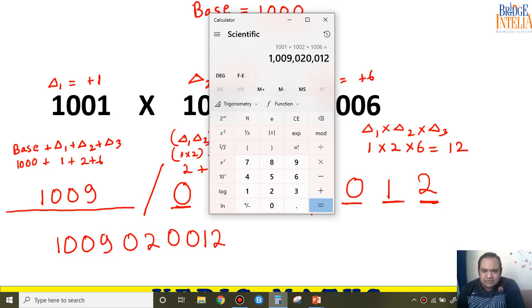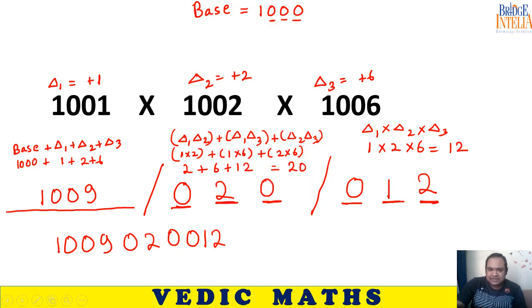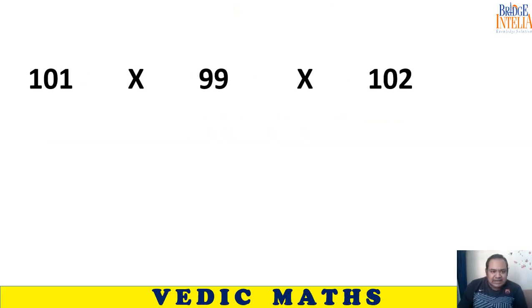So 1009020012. So yes, you can have a look at the calculator's answer and the answer that we calculated. Both the answers are same. So let's move to next example. Now here again you see all the three numbers are very near to 100.